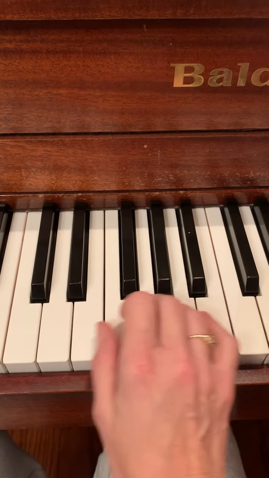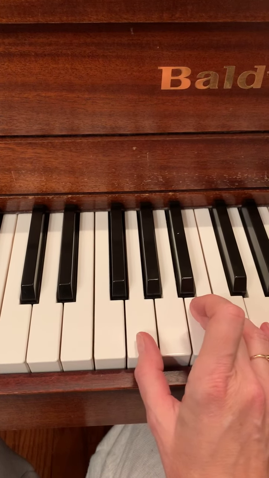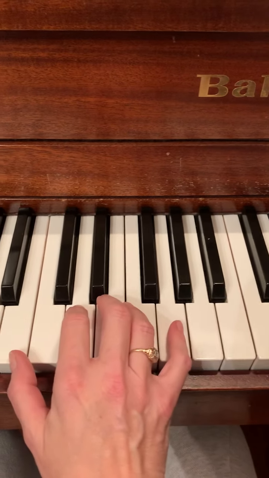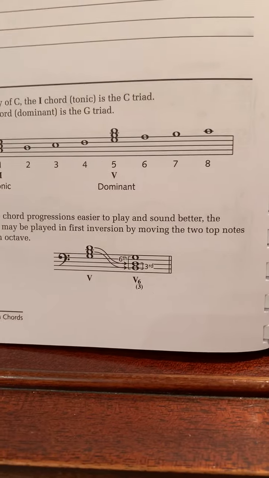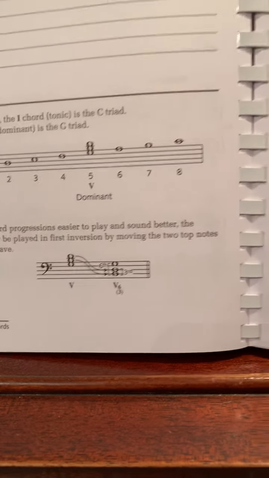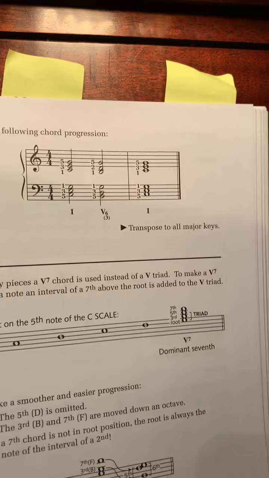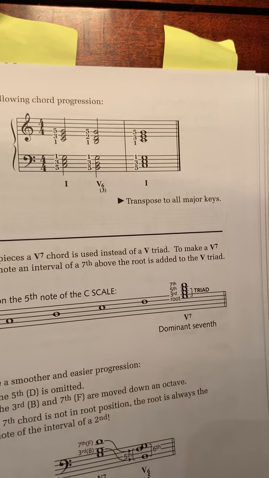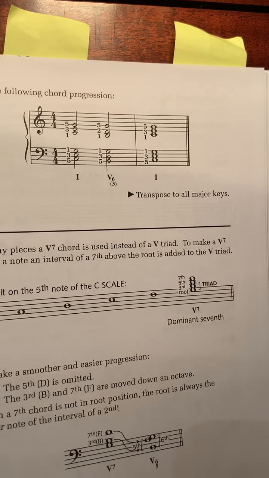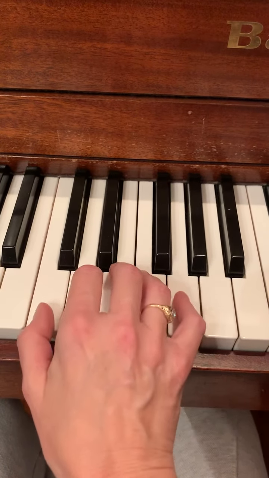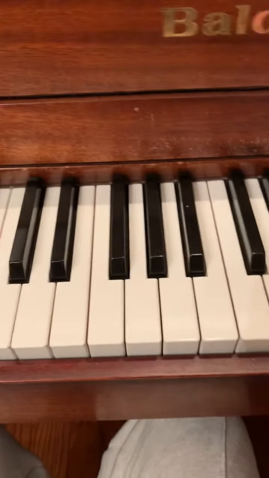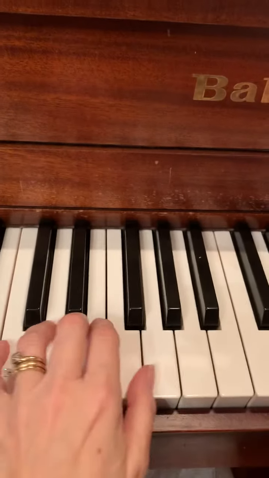So instead of putting that G up here, why don't we put it in an inversion? So they show you right there, the first inversion of the G chord. And then when you do it that way, you've got a nice chord progression, and you don't have to move your hand. So that's what the right hand with your left hand would look like.